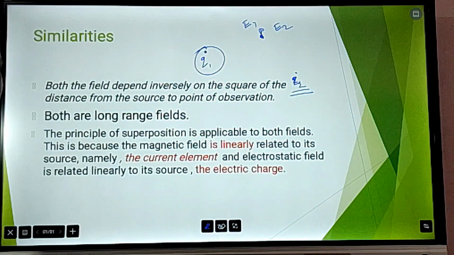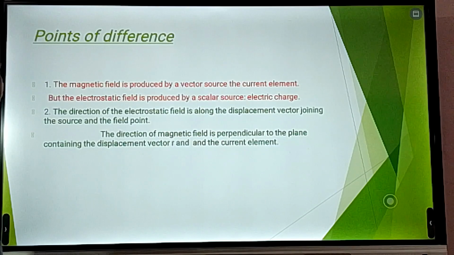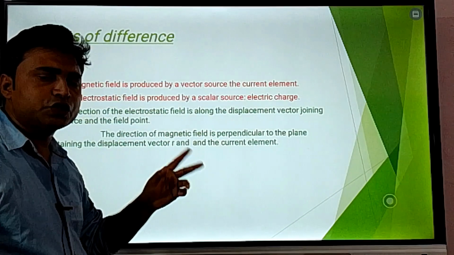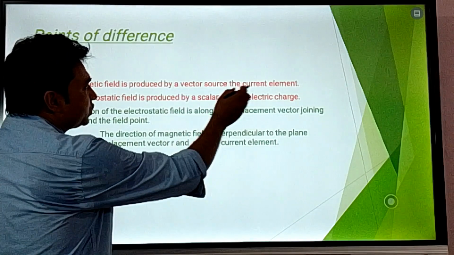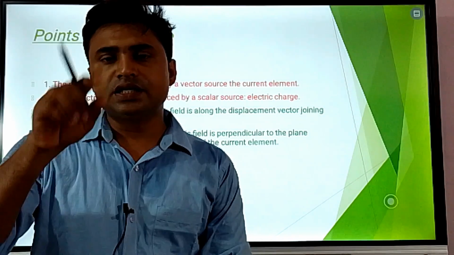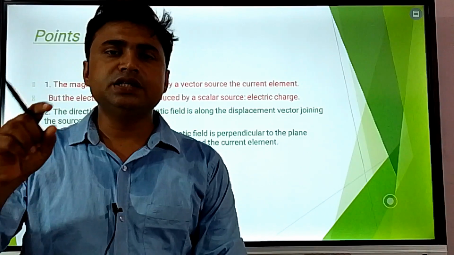So these are some of the similarities. Let's see the points of difference. What are the differences between these two fields, the electric field and the magnetic field? The magnetic field is produced by a vector source, the current element. We have seen it: I dl is the current element having the direction of the current.